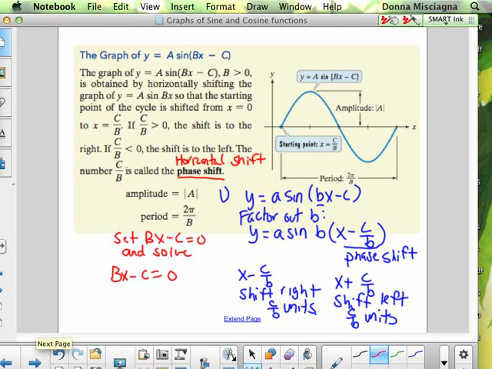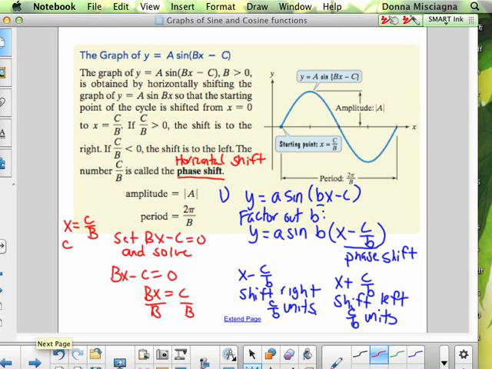So we have bx minus c equals 0. Add c to both sides, so bx equals c, and then divide both sides by b. So here, x equals c over b is our phase shift.